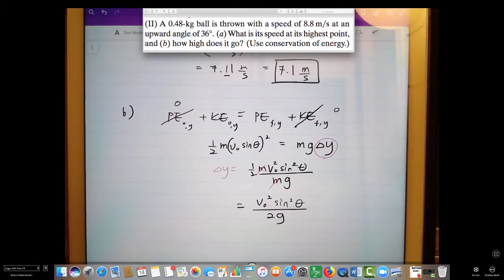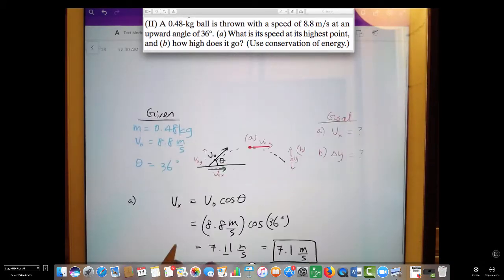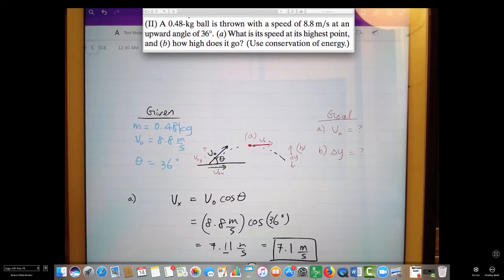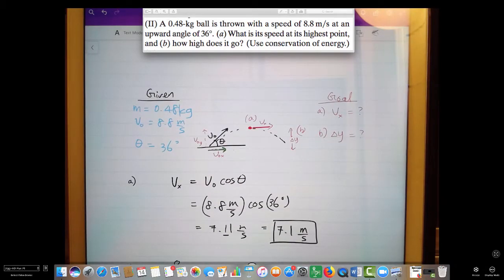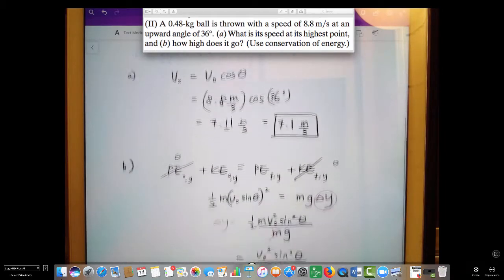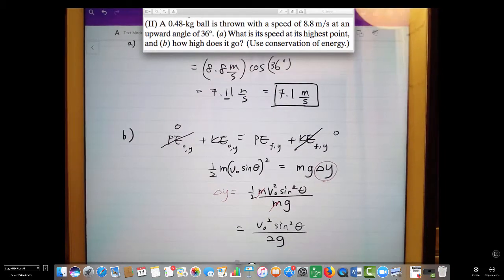We just plug it in from the given. Remember, the mass is 0.48 kilogram, the v0 is 8.8, theta is 36 degrees.